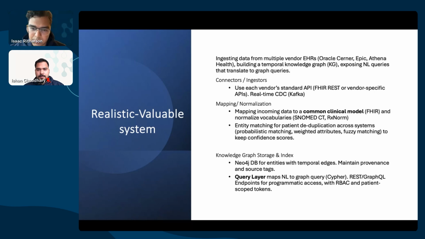So we use probabilistic matching, weighted attributes, and fuzzy matching to keep confidence scores and have a good retrieval process. Then for storage and index, we use the Neo4j database for the entities with temporal edges, and the query layer maps natural language to graph queries or Cyphers.